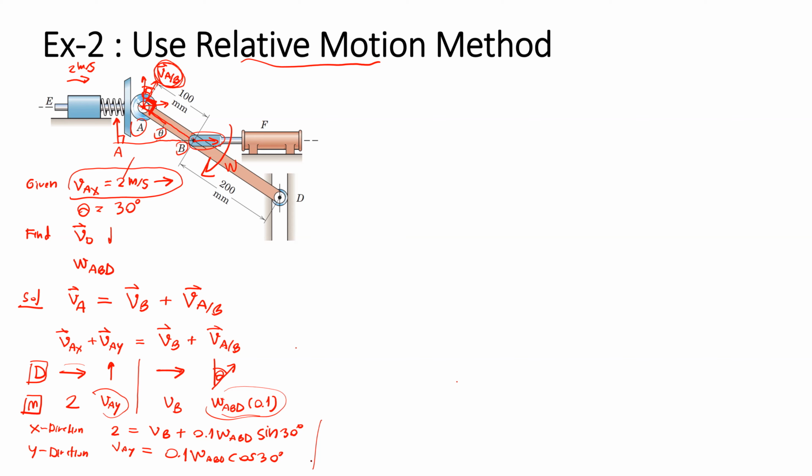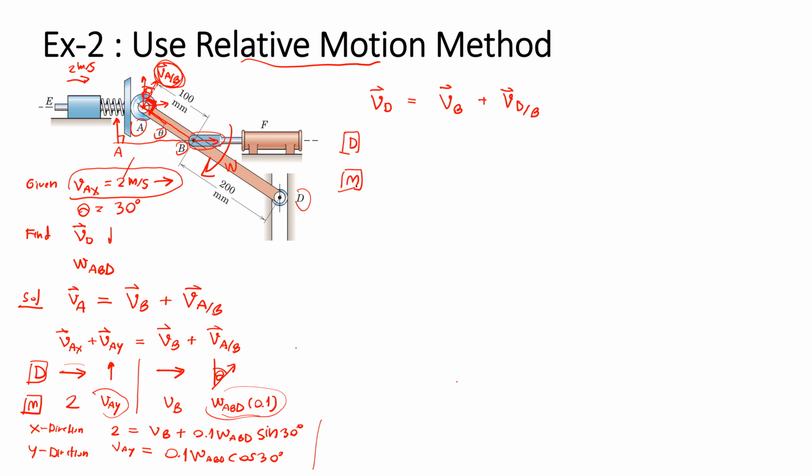And let's check the second relationship between point D and point B. The velocity of point D can be composed from VB and the relative velocity of D with respect to B. The direction and the magnitude.